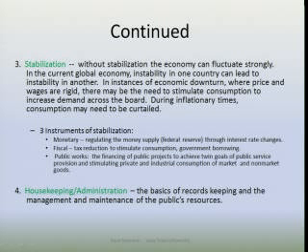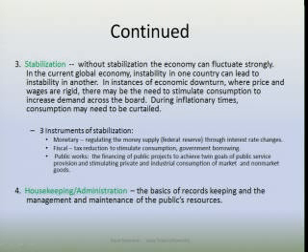Sometimes during inflationary times, consumption may need to be curtailed because the economy is expanding too fast and it's too inflationary, and we need to curtail consumption by the federal government raising interest rates, lowering the money supply, slowing down the growth in the economy so that inflation doesn't diminish our well-being over time.